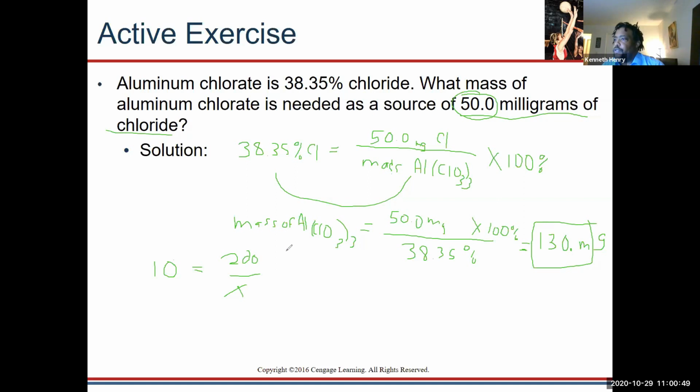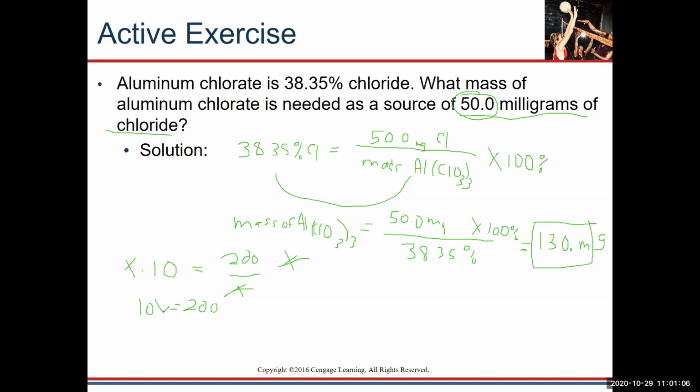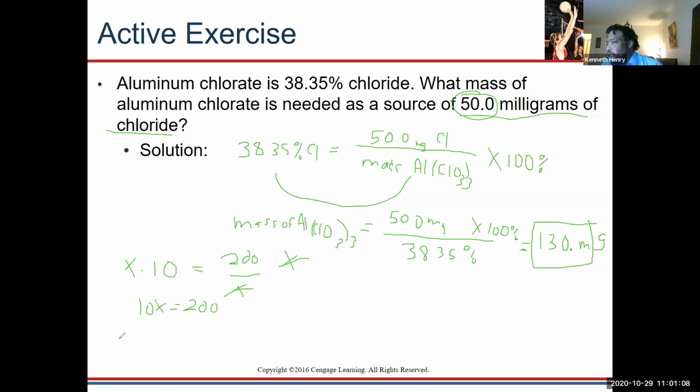To solve for x, we multiply both sides by x. That's the first thing we would do. Then this cancels out, and you just get 10x equals 200, right? But if I just want to solve for x, I don't want to leave it as 10x, then I divide both sides by 10.